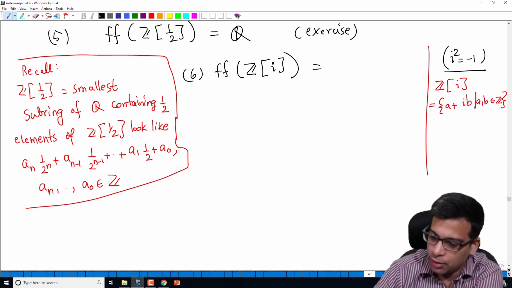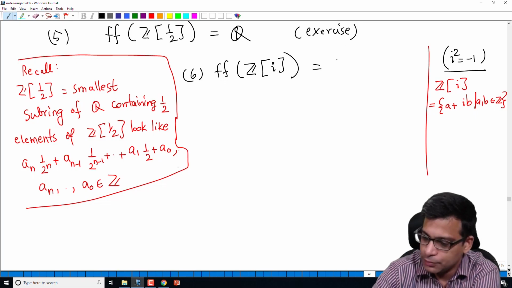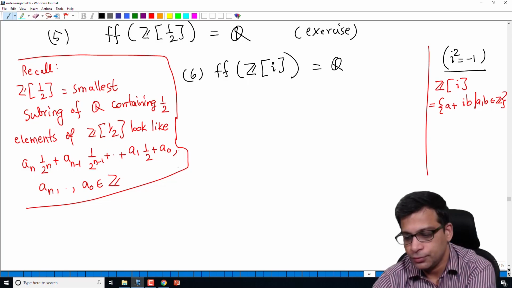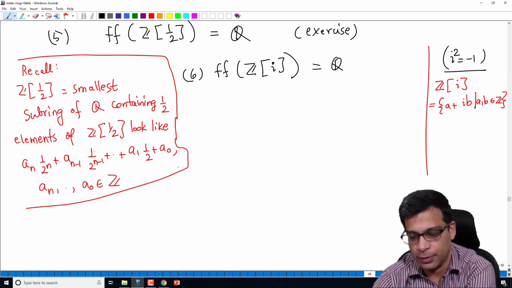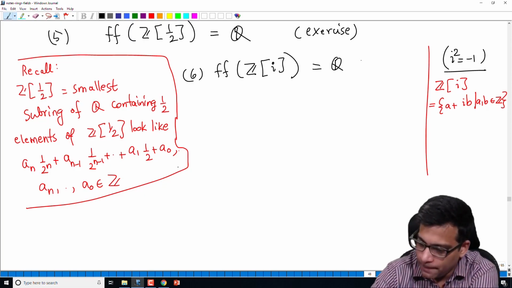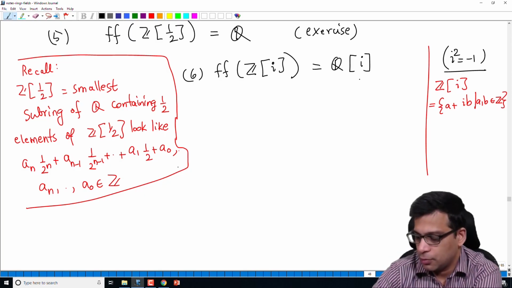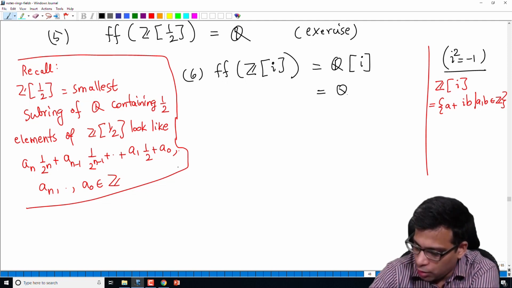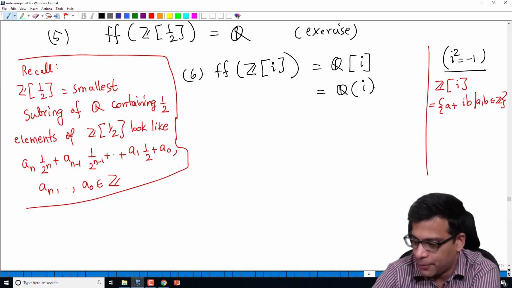And what is the fraction field? I claim that you have to, of course, take Q, because you have to take fractions of elements of Z, and then you can put either square brackets, meaning all polynomials, or you can put round brackets. These happen to be the same.